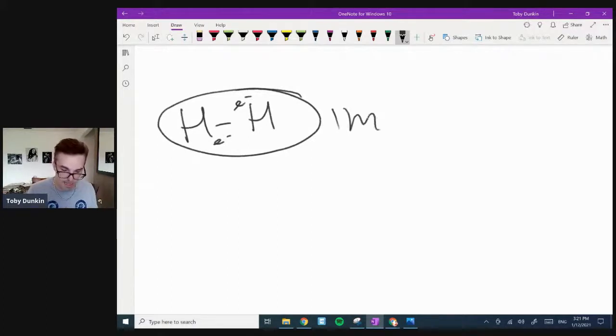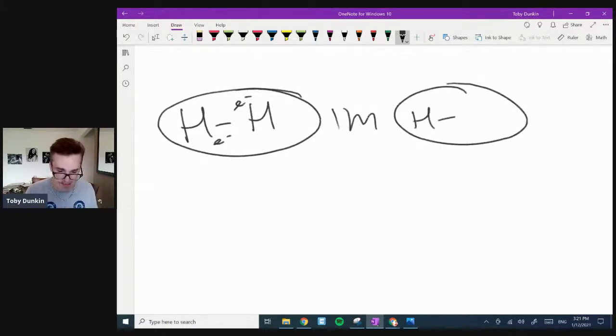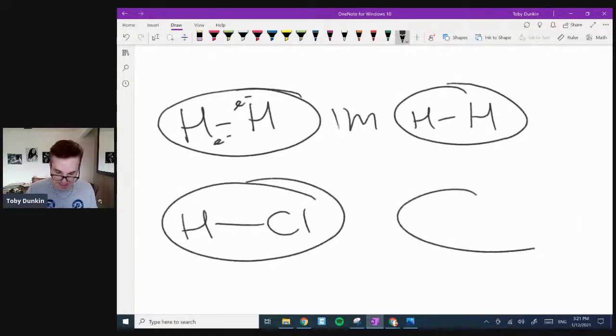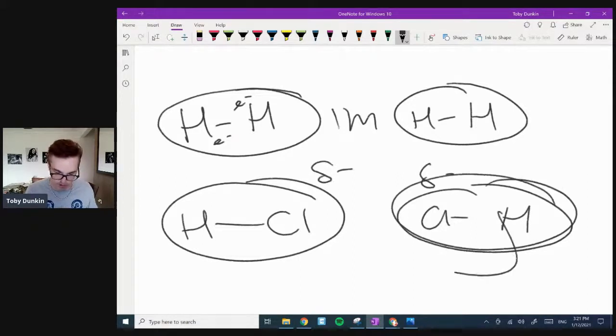The London force here is going to be insanely weaker than any DD. If you have a DD between HCl, I don't care whether or not they repel each other if they're the opposite way round or not. That has nothing to do with it, because this one will just reorientate. It'll just swing, and so there is an attraction.